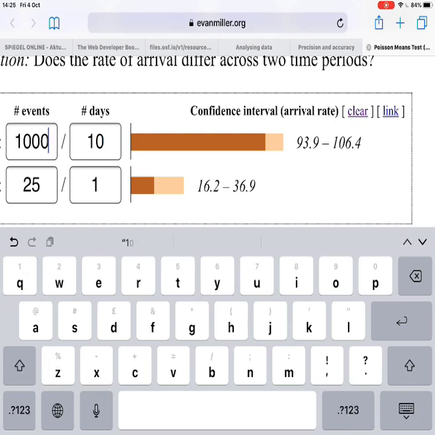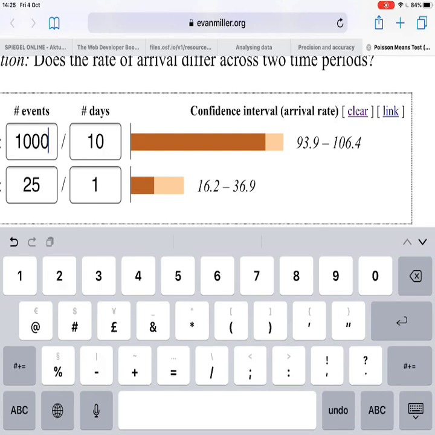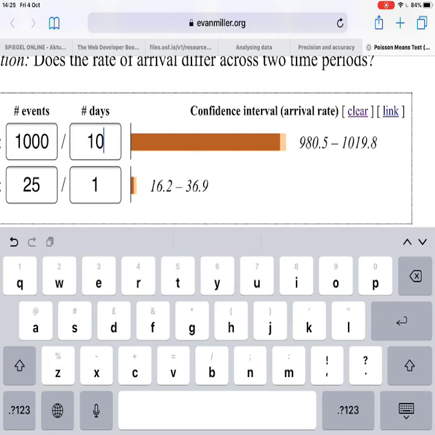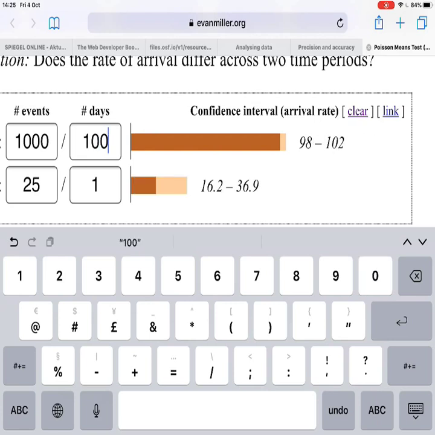Let's do 10,000 colonies on 100 plates. And now our confidence interval is between 98 and 102. It's getting really small, simply because we have counted so many plates that we have a lot of information.